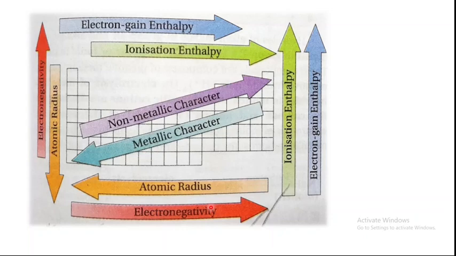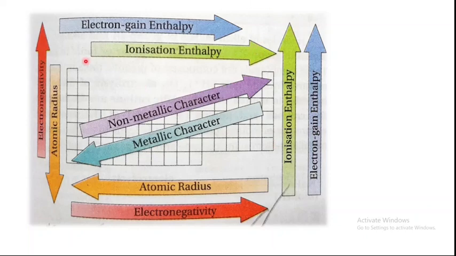Along the period, the electronegativity increases because as we move from left to right along the periodic table, nuclear charge increases while the atomic size or radius decreases. Hence, the attraction between the outer electron and the nucleus increases on increasing atomic number. Consequently, the electronegativity increases. So, group 1A has the lowest electronegativity and group 7A has the highest electronegativity.